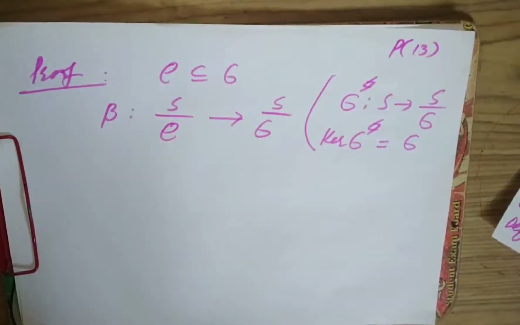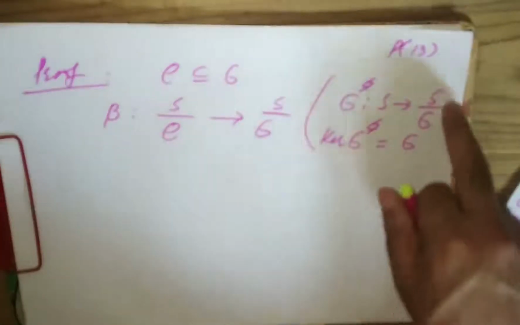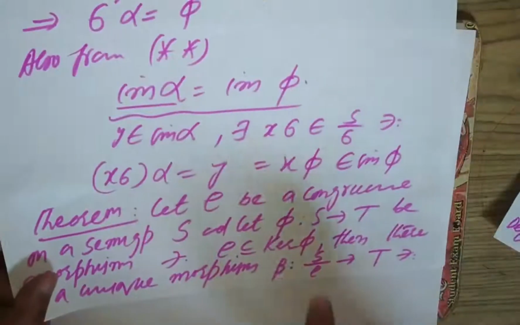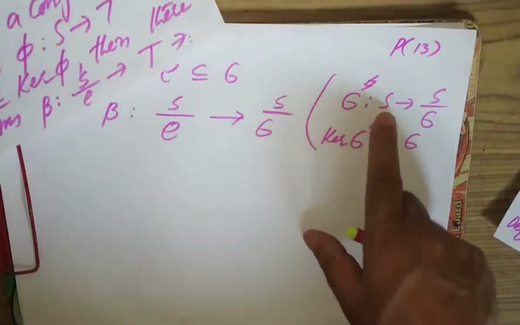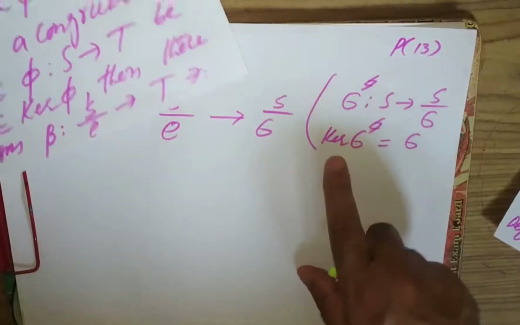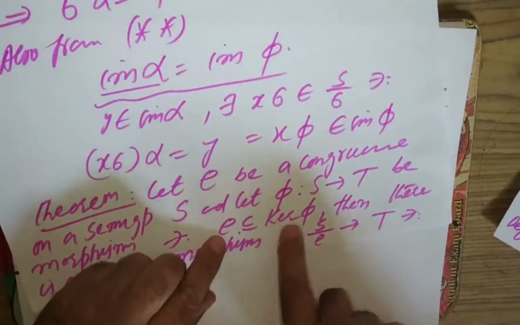Kernel of sigma natural is sigma. This is the morphism from S to S over sigma. So phi is a map from S to T, a morphism, and sigma natural is also a morphism, such that rho is a subset of kernel of phi.